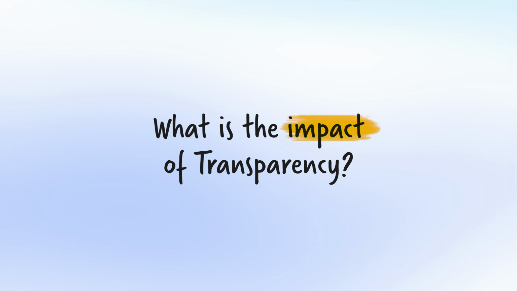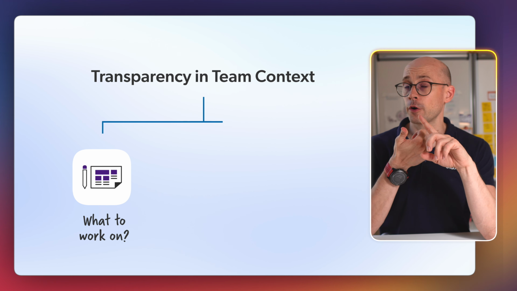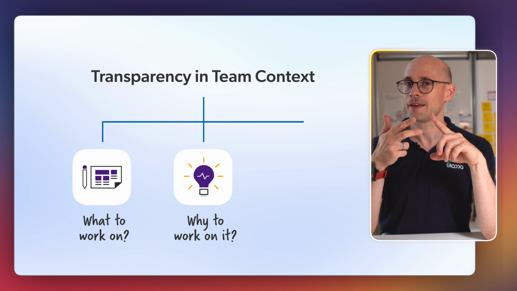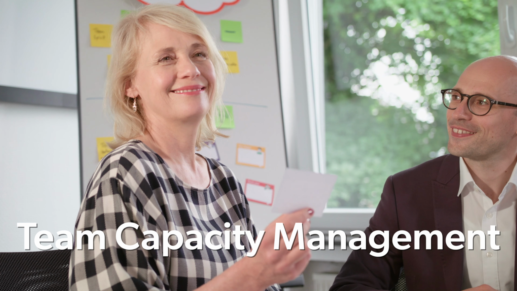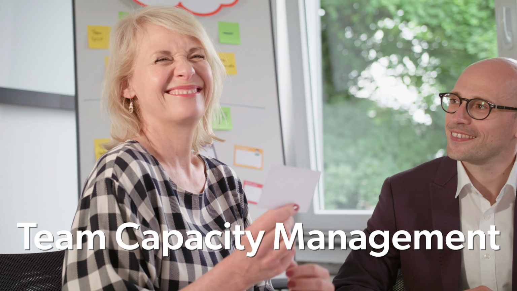So what is now the impact of transparency when we know what to work on, why we should work on it, and how we are going to work on it? One cool thing is it helps with capacity management of the team. For example, your team has a capacity of 25 small topics they can finish in 2 weeks.